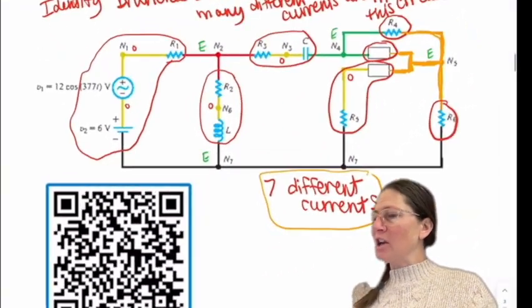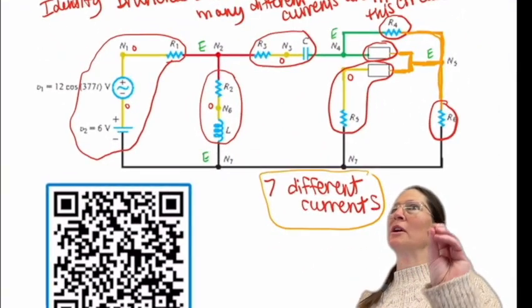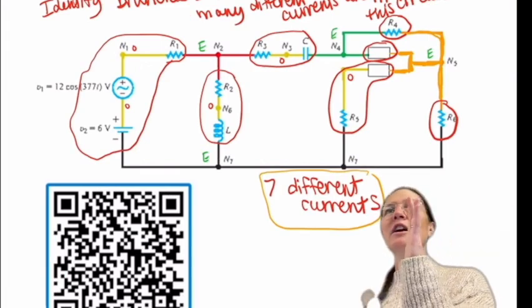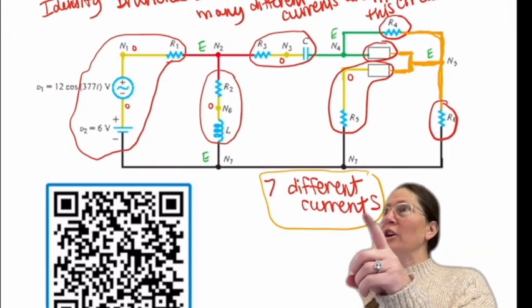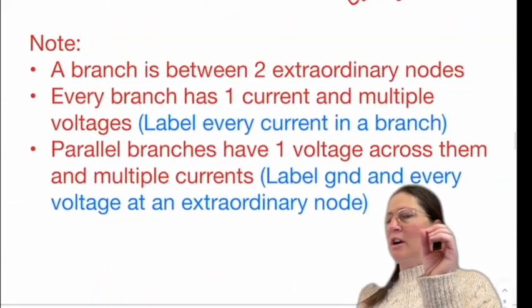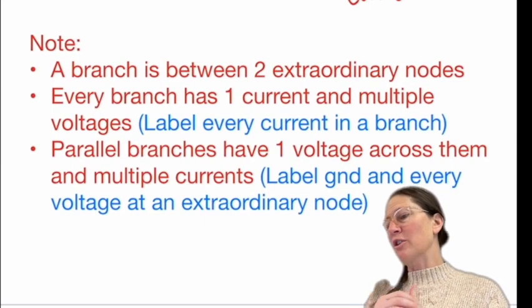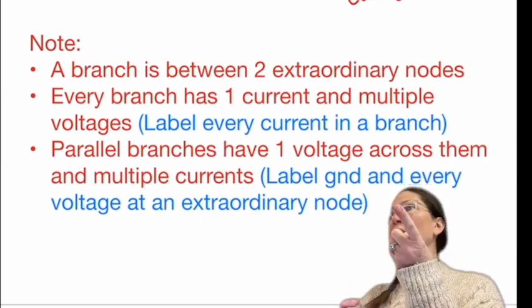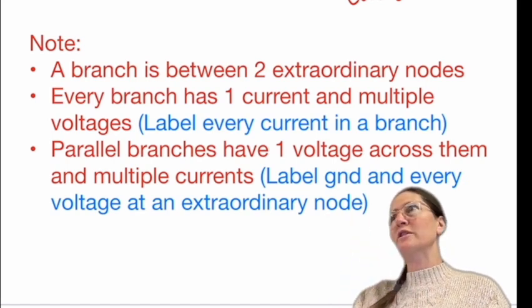Okay, last time we talked about making sure to being able to identify branches and nodes, understanding that there's one current in every branch. So a branch is between two extraordinary nodes. Every branch has a unique current to it, only one current, but can have multiple voltages in there.